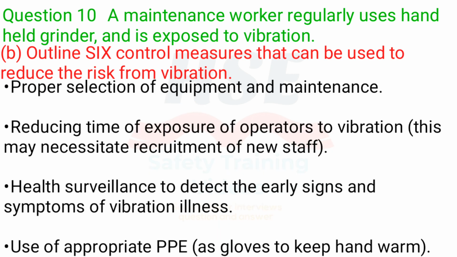Proper selection of equipment and maintenance. Reducing time of exposure of operators to vibration. This may necessitate recruitment of new staff. Health surveillance to detect the early signs and symptoms of vibration illness. Use of appropriate PPE, such as gloves to keep hands warm.